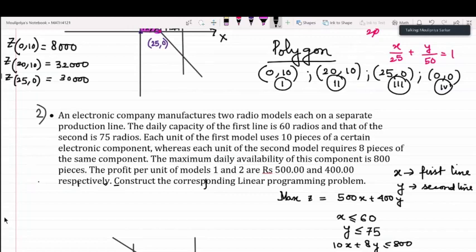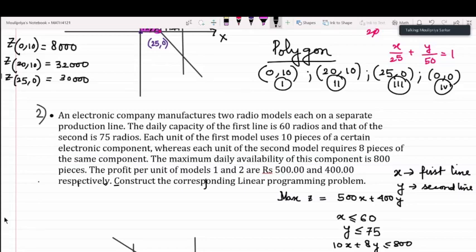Perfect. Again, this problem being a two-dimensional one, I think you will be able to have a graphical representation of this one as well. Ma'am, is the graphical representation mandatory? If you don't have the graphical representation, will you be able to find the value of X and Y that is going to maximize the profit?